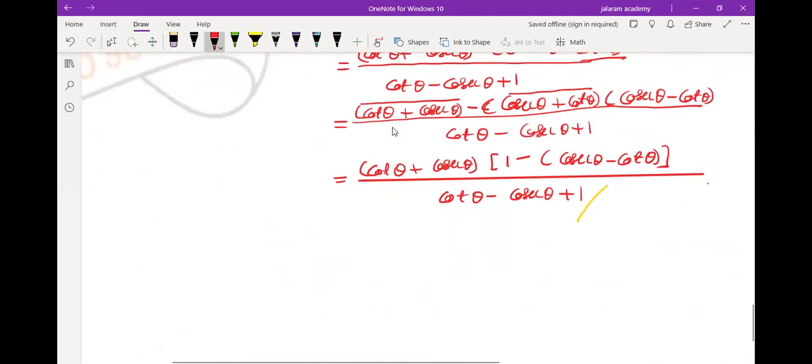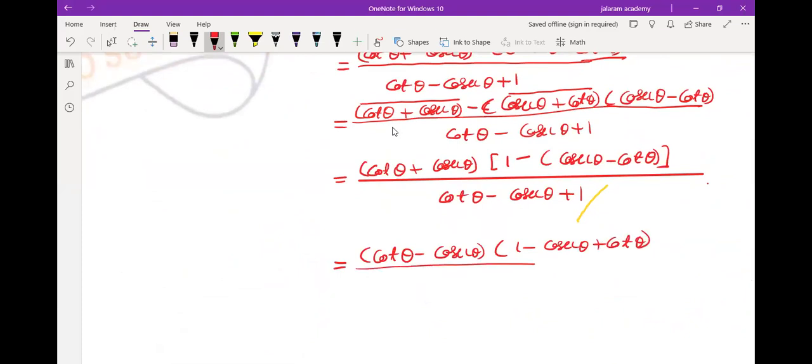Okay, so when we open the second bracket, cot theta minus cosec theta is written as it is, 1 minus cosec theta plus cot theta. And in the denominator, the terms can also be written as cot theta minus cosec theta plus 1. First, if we write 1, then minus cosec theta, finally plus cot theta.